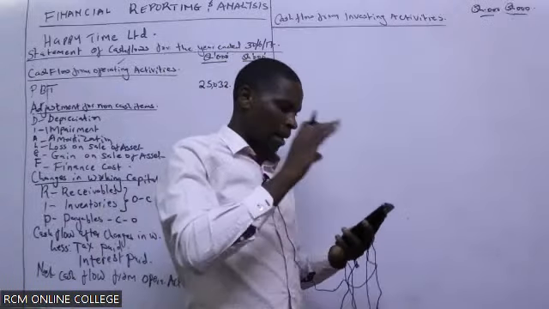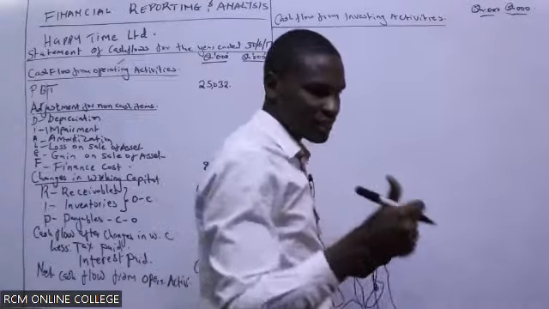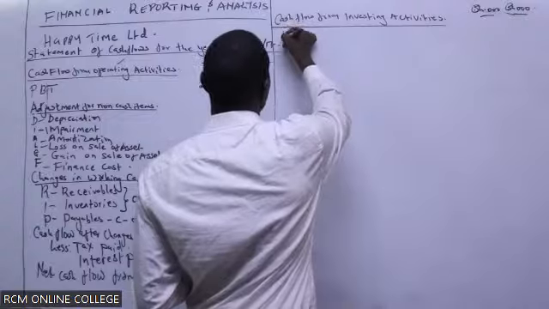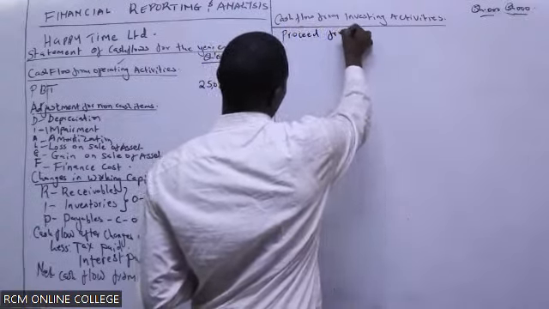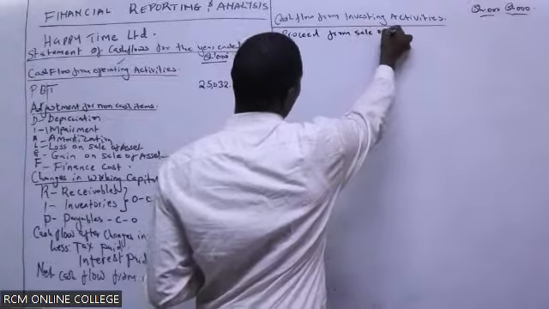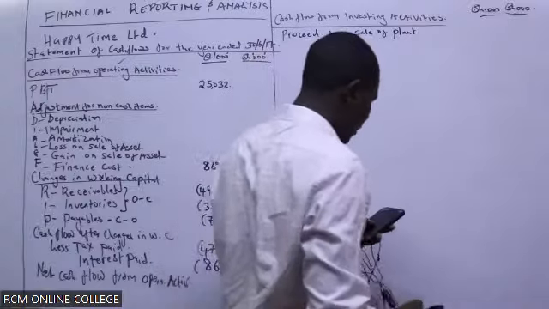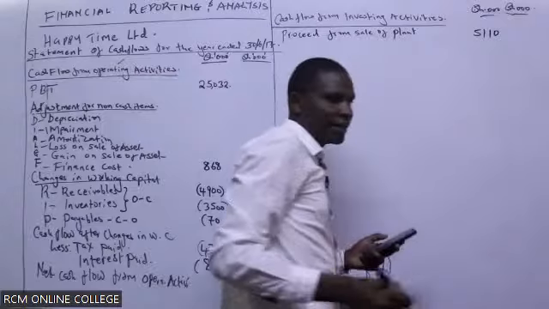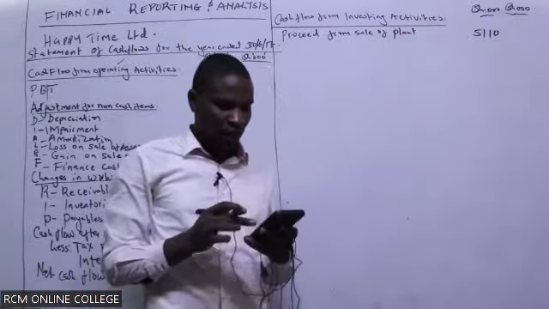Hapo utapata finance cost. Ndio hiyo finance cost. Interest paid ndio finance cost. So tuko na proceed from sale of plant. Hiyo ni direct, free mark 5110. That is an inflow.